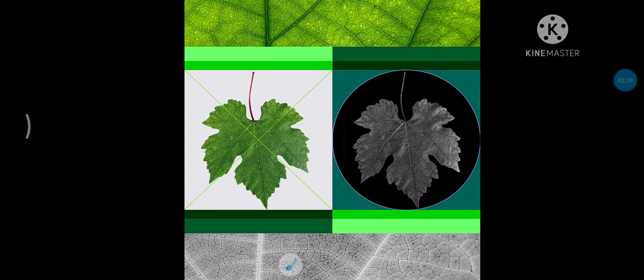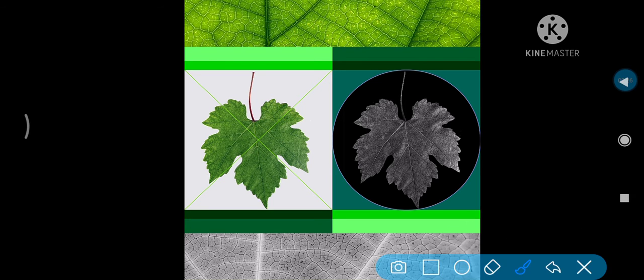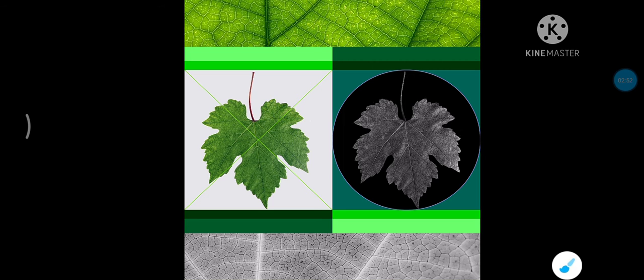If chlorophyll is absent, leaves would look colorless or some different color. Due to the presence of chlorophyll, leaves look green in color. Okay, children? And also, if chlorophyll is absent, leaves will not be able to prepare the food for the plants.